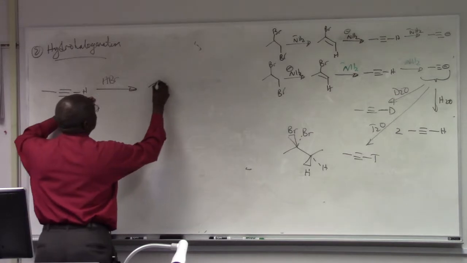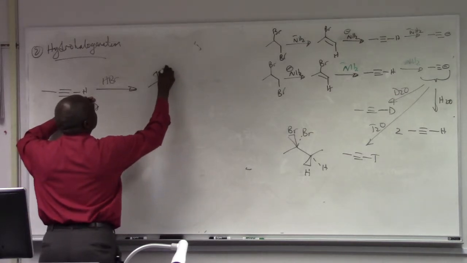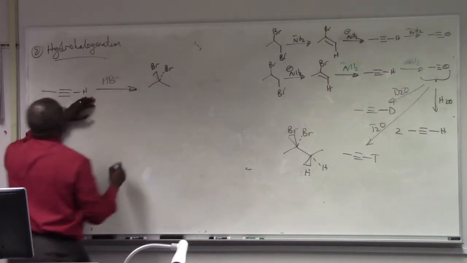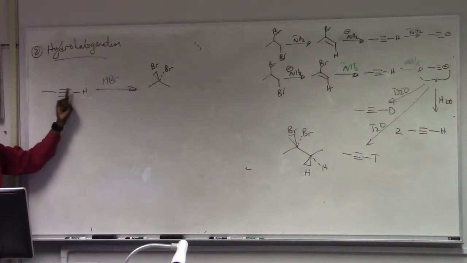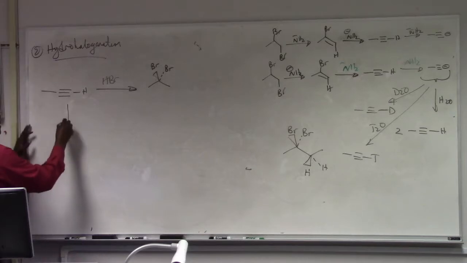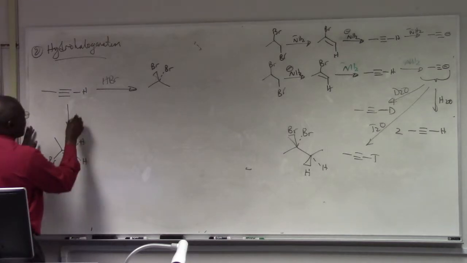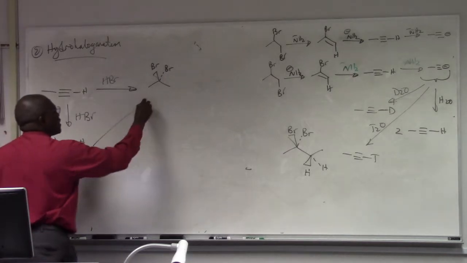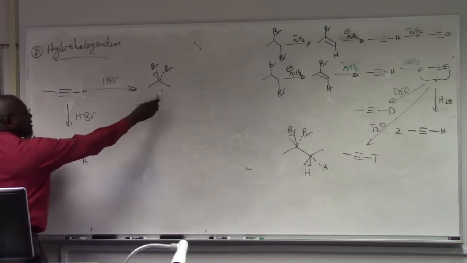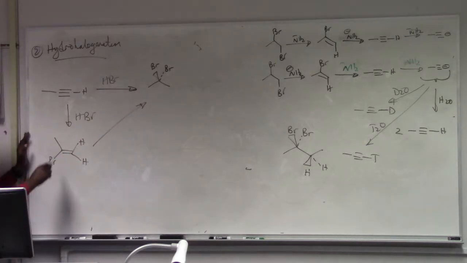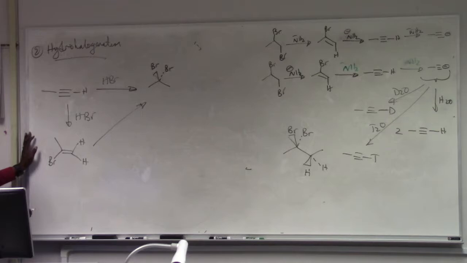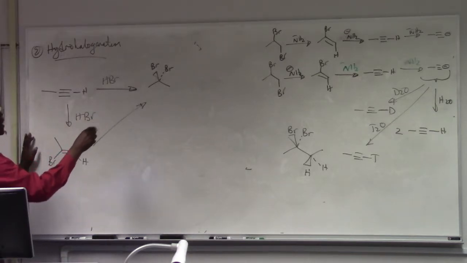So that's going to give me this compound. I'm going to add HBr followed by HBr. So the first HBr, and then the second HBr coming on would give me this. This does the Markovnikov reaction.